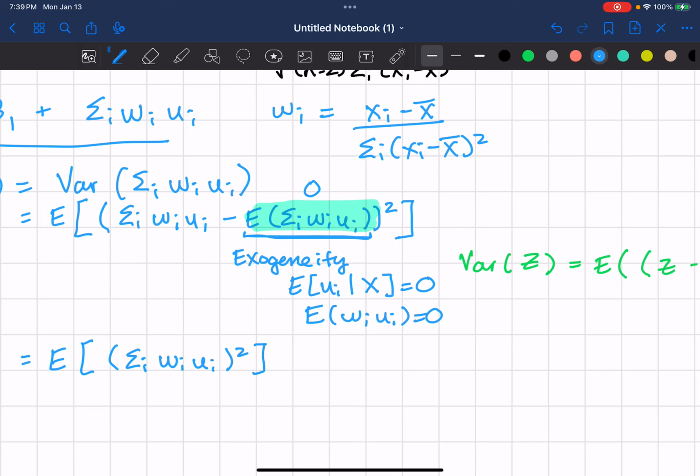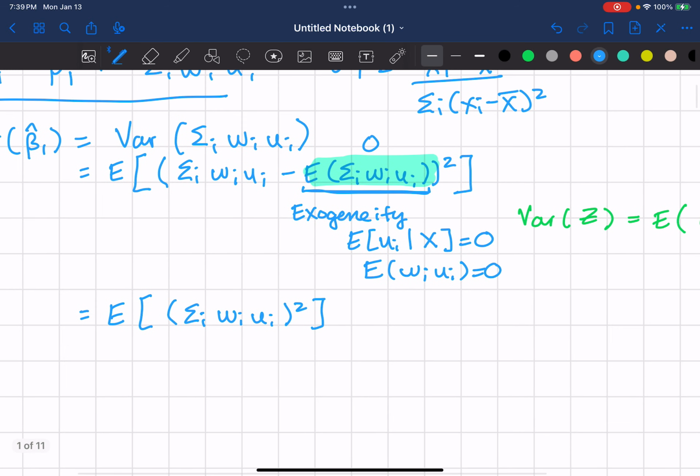And then the next step is we are going to FOIL. So how do we interpret this? It's w1 u1 plus w2 u2 plus all the way up to wN uN, and we square it all.